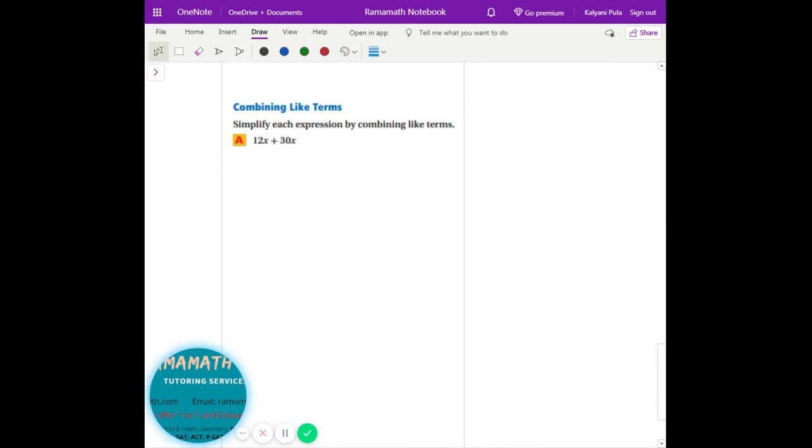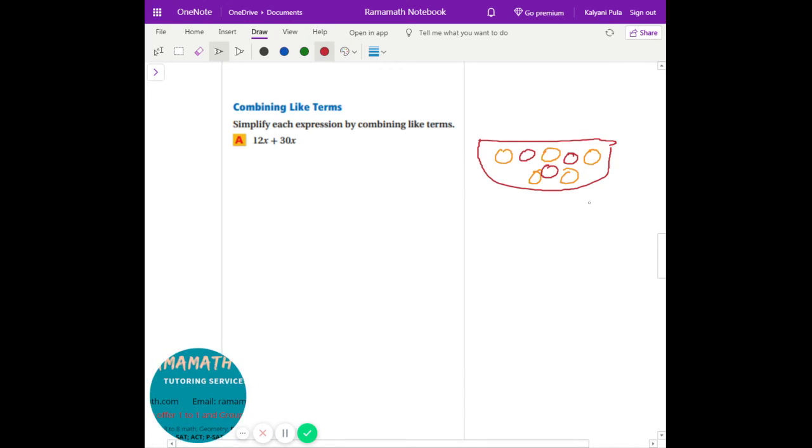These like terms are basically, just imagine that you have a basket of fruit. In this one, you have some oranges, and then you have some apples.